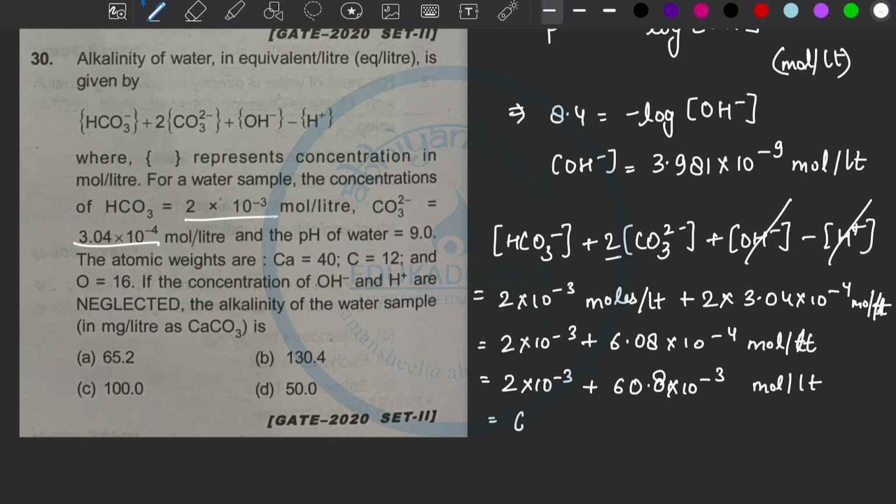So it will be 2.608 into 10 to the power minus 3 mole per liter.